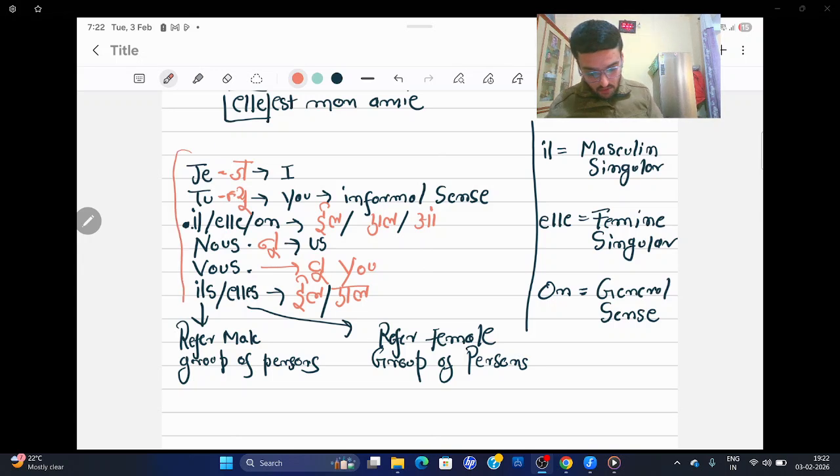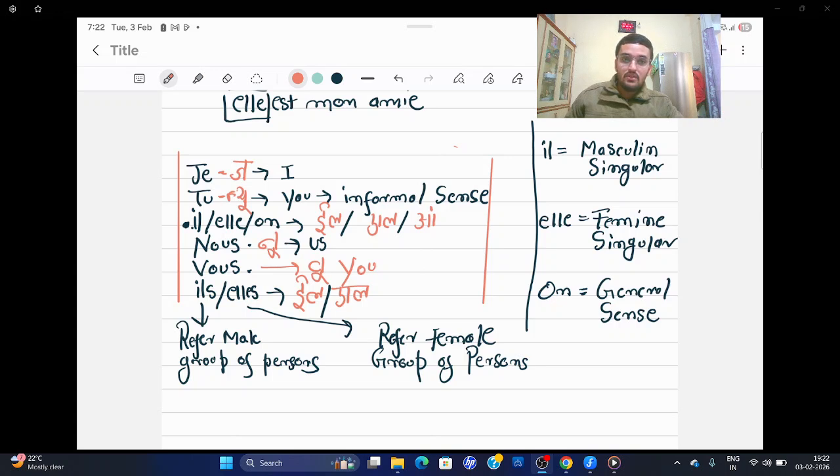These are the pronouns that we use in our French language, whenever we want to give any description about a place or a person without repeating the name.